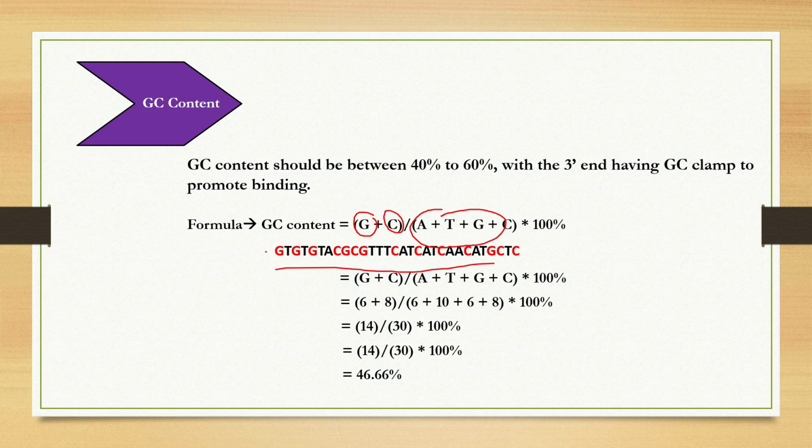I have highlighted the G's and C's in red and the T's and A's in black. We put the number of G's and C's in the formula along with the total number of nucleotides, and ultimately we get the result, that is 46.66%, approximately 47%. So this is an ideal GC content that can be used in designing the primer, which is in the range of 40 to 60%.